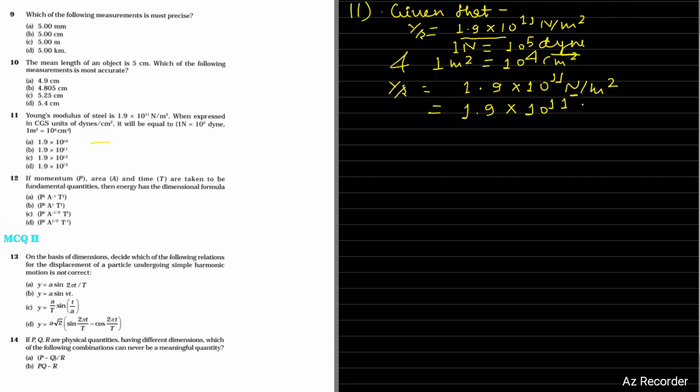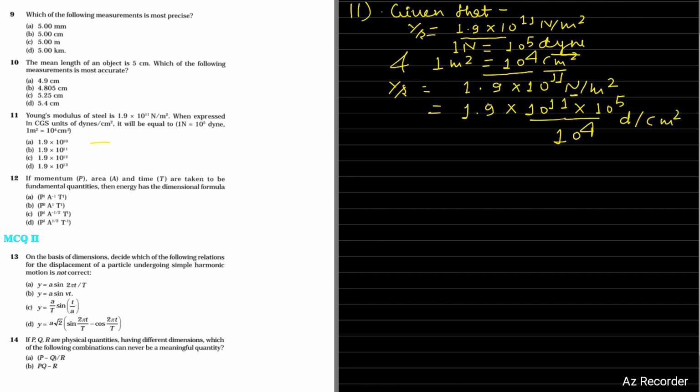So we will write 10 raised to the power 5. And this is per meter square, where 1 meter square is equal to 10 to the power 4 centimeter square. Because it is meter square in the denominator, we will write simply 10 to the power 4. Now this will be converted into dyne per centimeter square.